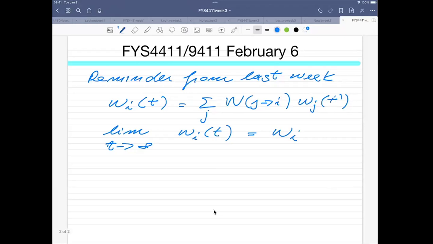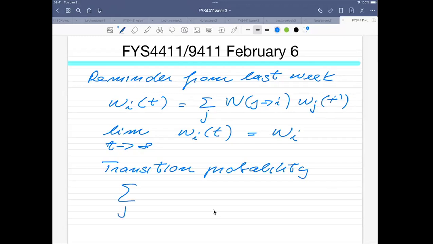Now, the transition probability, this quantity uppercase W, is defined to be normalized, where we sum over all the matrix elements of the columns.